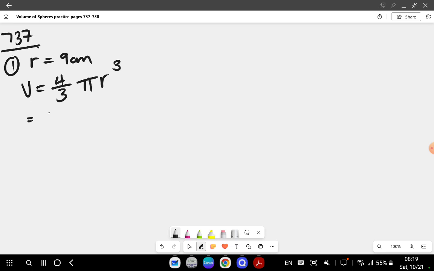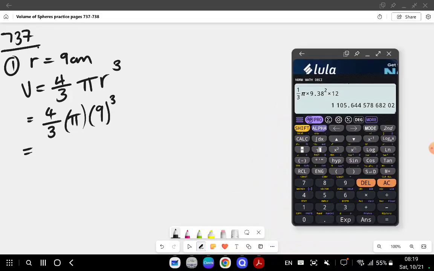So I'm just going to plug that r in. Pi, 9 cubed. Okay, calculator. 4 over 3 times pi. R is 9, and I'm going to cube that, to the power of 3.